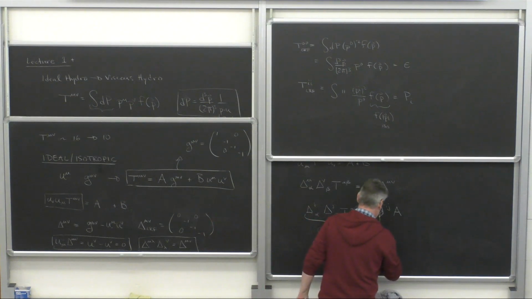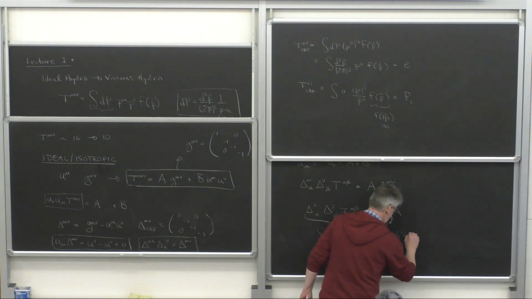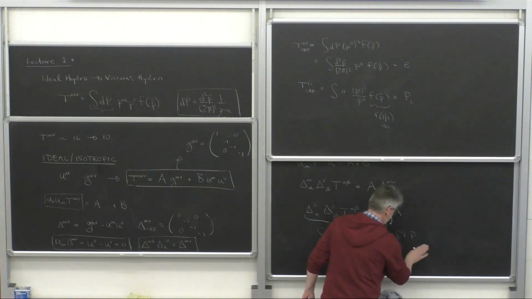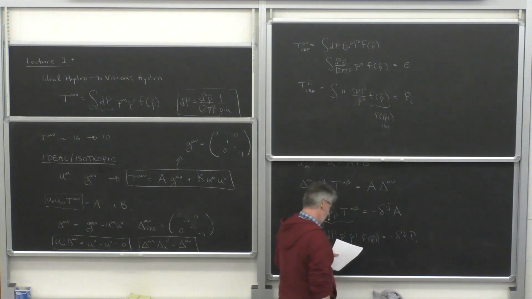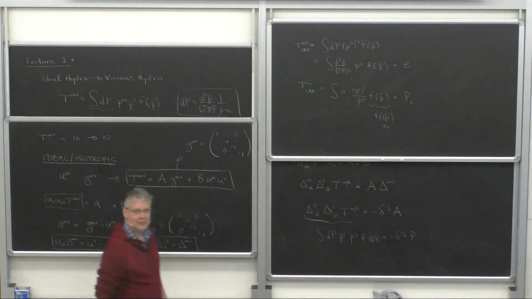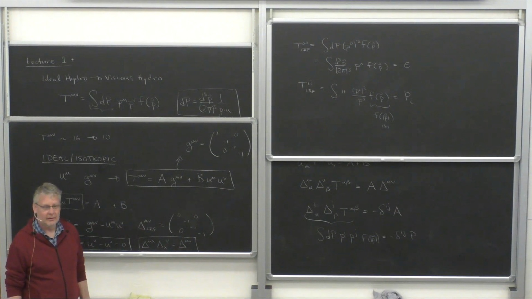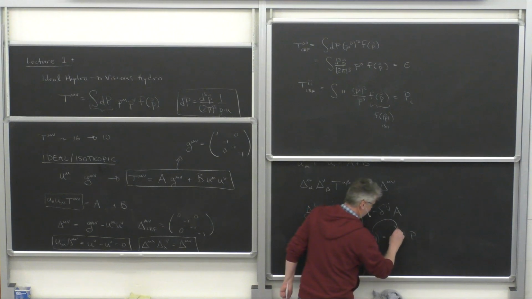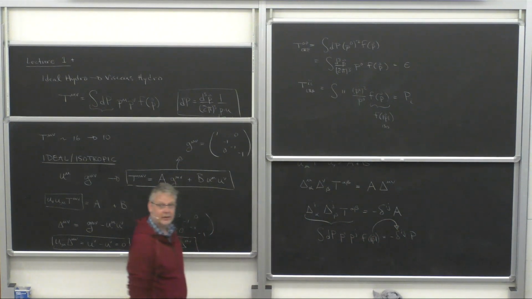So this will become minus delta ij times the pressure in the ith direction. Let's just write it that way to begin with, but since it's isotropic, the pressure will be the same in all directions. So the fact that this only depends on the length of p is the reason you get this Kronecker delta here.